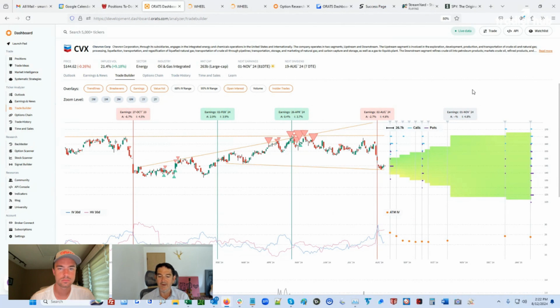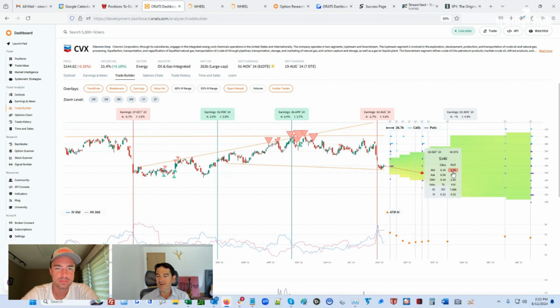You want to try a single name like this, Tyler? Yeah, I think I like using the IV percentile indicators on the single names. I think it's one of the unique ways that we can analyze it. Yeah, let's do it. So this is a volatility play, long or short?